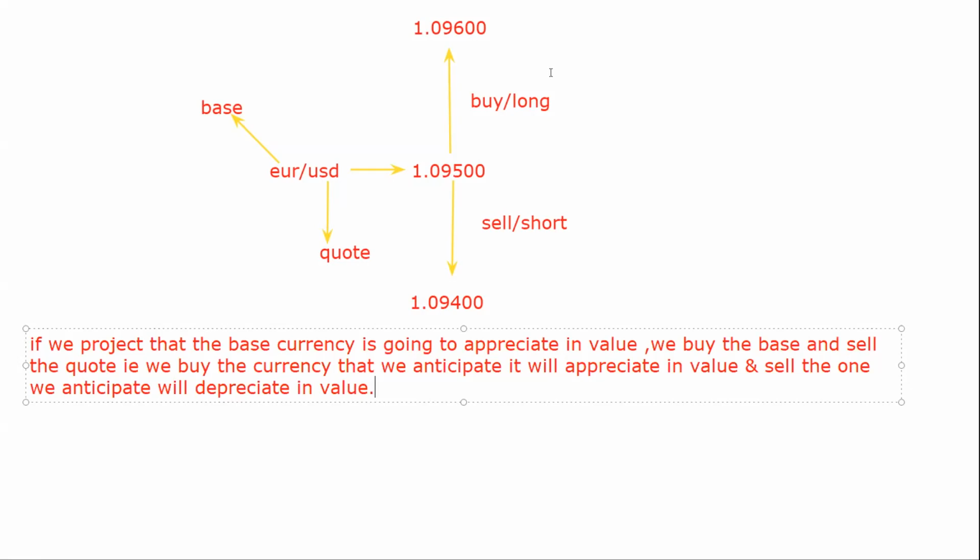If it goes against the predicted direction, we get into a loss. So when one is trading, you are projecting a potential future move the market is going to take, just like projecting that an asset is going to rise in value. You invest before the rise, so that as the asset rises, you realize profit.